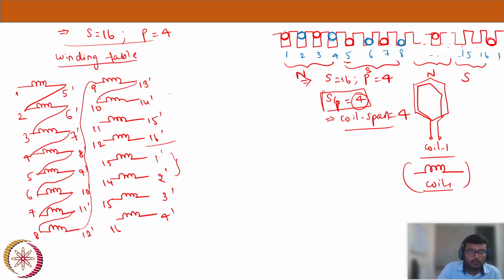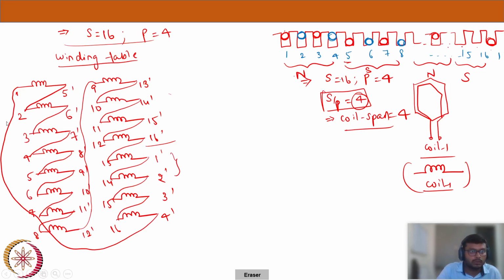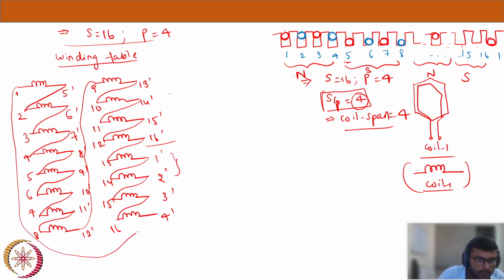Again 13, 15. Then this 4 will come back as the return path. That's how I'll get a series connection. Now I have connected all in series.